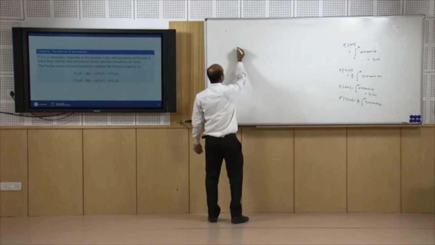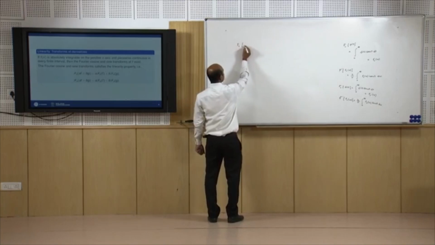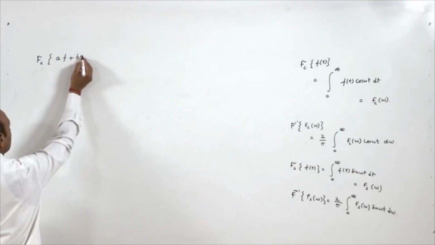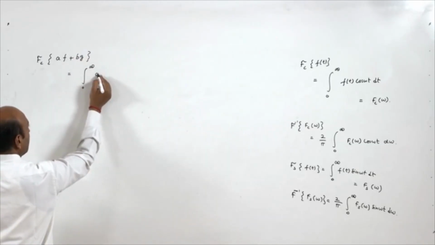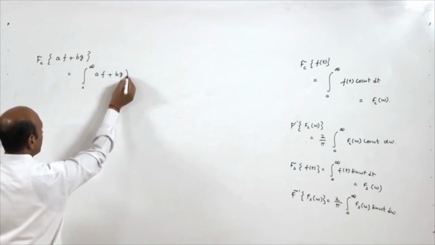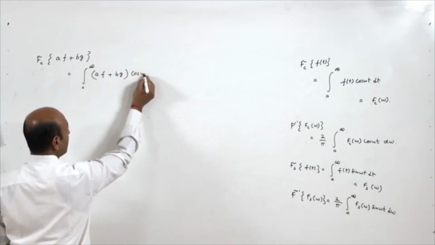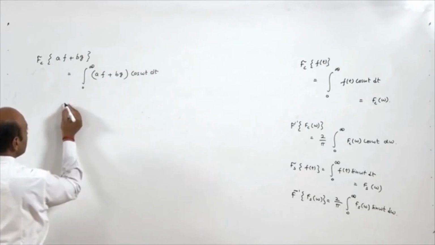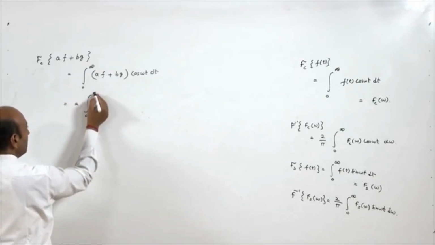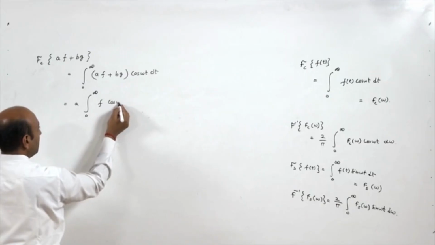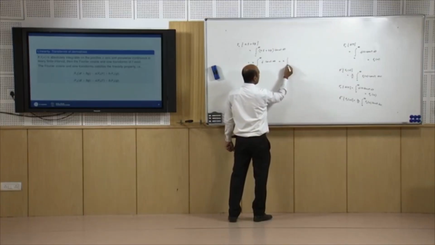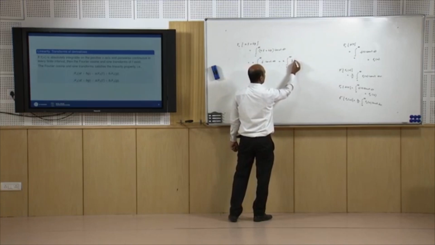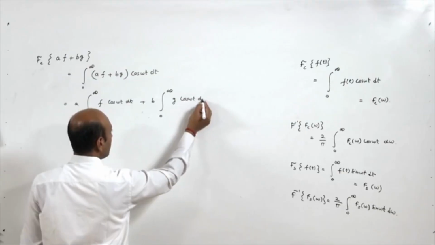Now, the first property is that the Fourier cosine and sine transforms satisfy the linearity property. That is easy to prove. What is the Fourier cosine transform of af + bg? By definition it is the integral from 0 to infinity of (af + bg) cos(ωt) dt. That will be nothing but a times the integral from 0 to infinity of f cos(ωt) dt, where f and g are functions of t, plus b times the integral from 0 to infinity of g cos(ωt) dt.